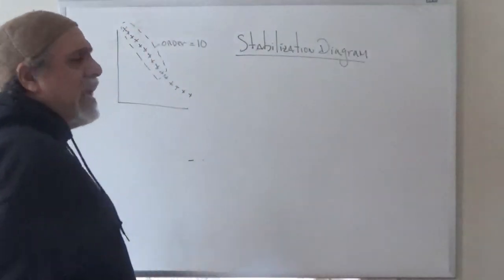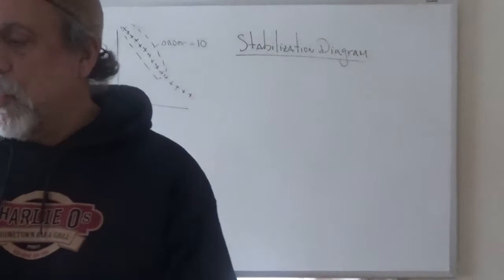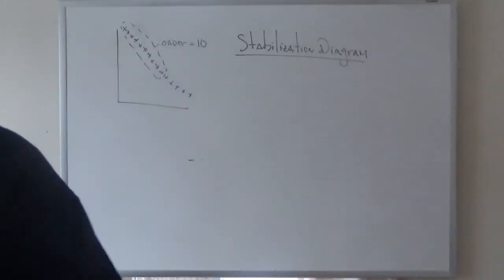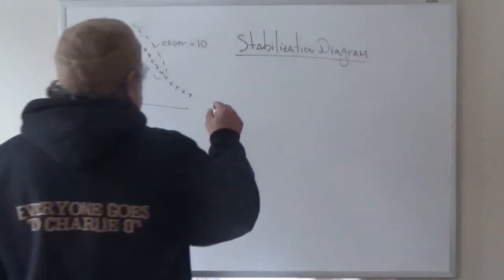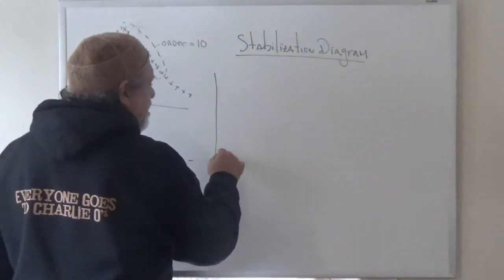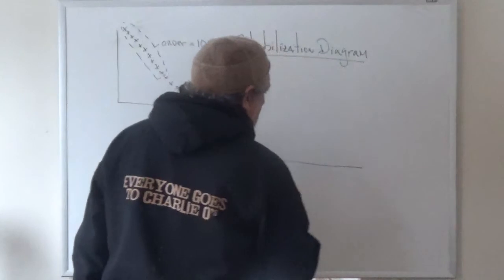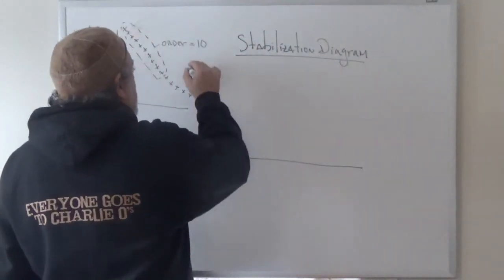Now, I am going to post for you, it's actually not a difficult thing to do by any means, but I'm going to post for you a program that I wrote a while ago that will actually plot the stabilization diagram. But what is the stabilization diagram? The stabilization diagram is simply a plot. In the vertical axis is the order.